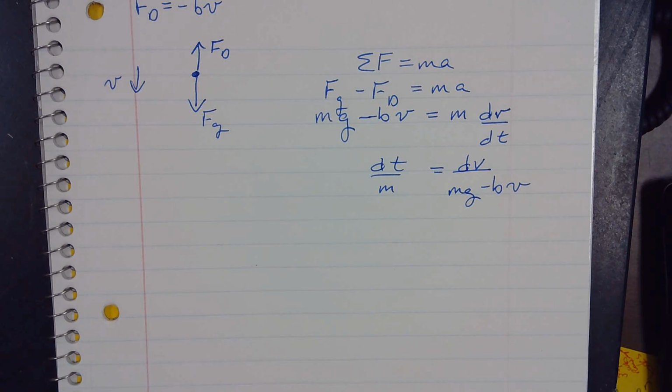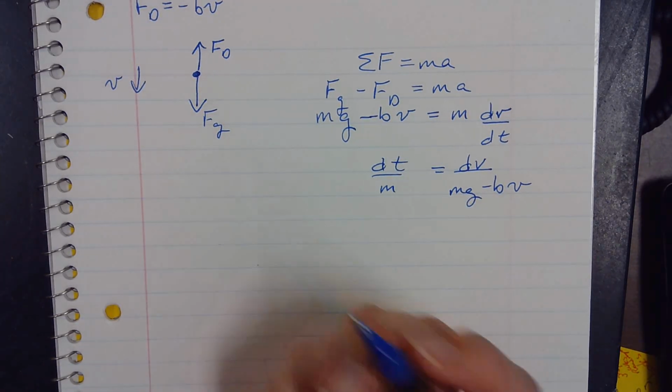And I'm going to do one more thing before. Is that going to be okay? No, because we've got the b. Okay. So, before we move on, I have to make a substitution. Those of you in calculus, I know you've been doing some substitutions, but I'm going to define a new variable.